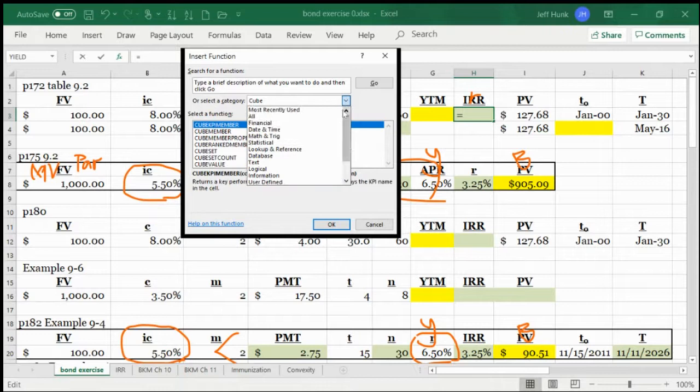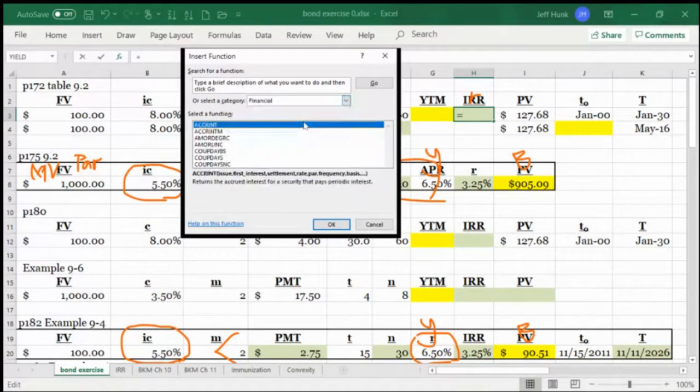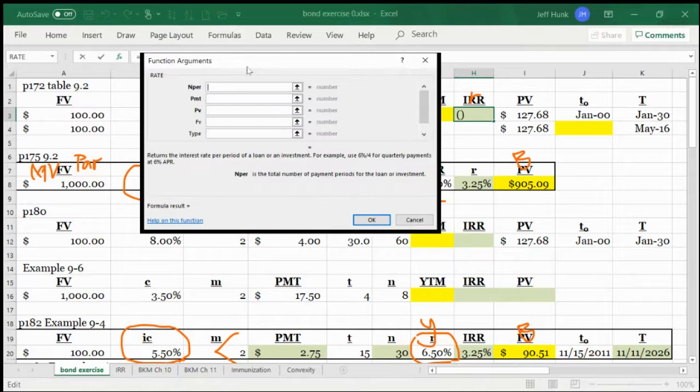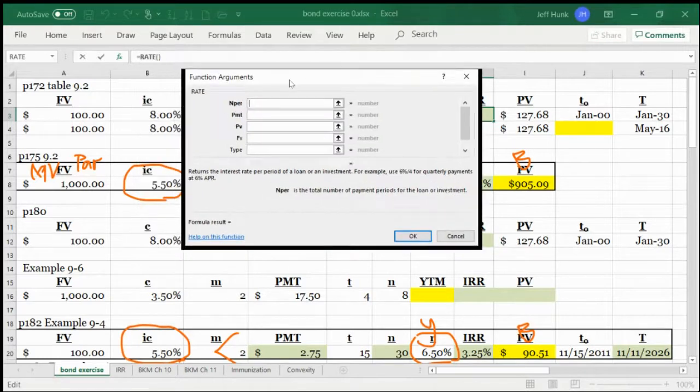We are basically using financial functions because we are in a finance class, and this was all done in Finance 100. So if you click on financial and scroll down, it's in alphabetical order, so you will stop where you see the rate, right? Hit OK, and it's asking for the inputs.